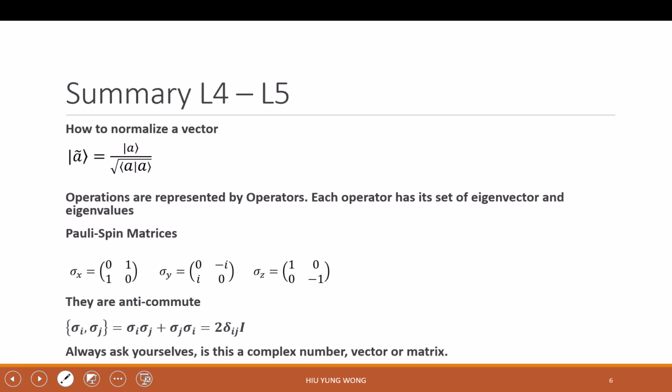How do you change the vector based on your math knowledge? You change the coefficient. How do you change the coefficient? Yes, you multiply by an operator. So particularly at the beginning, we say a quantum operation is nothing but just rotating the vector in the hyperspace. And rotating a vector is nothing but just multiplying by the matrix.